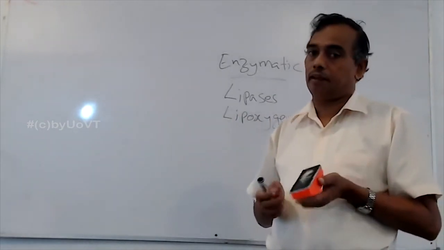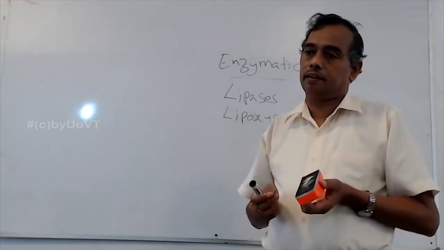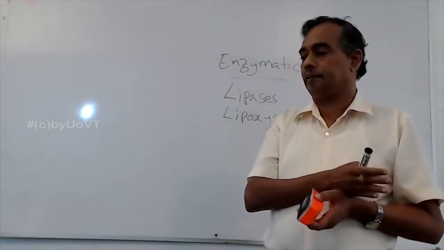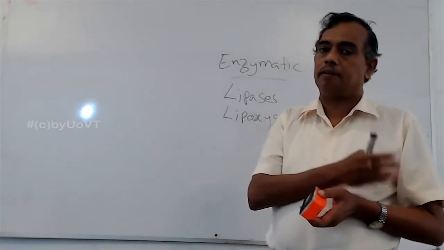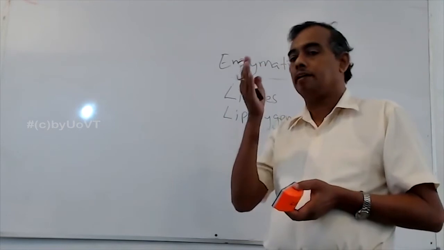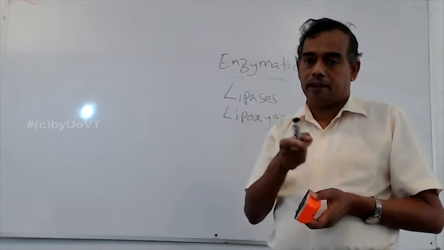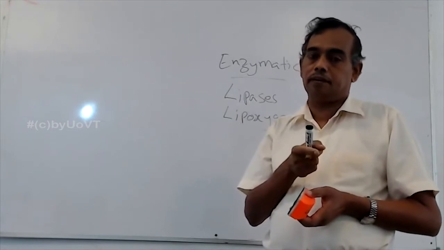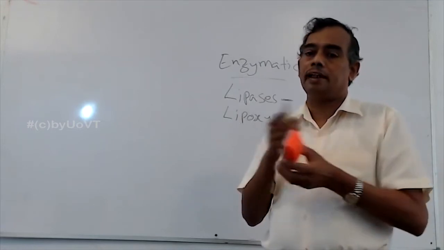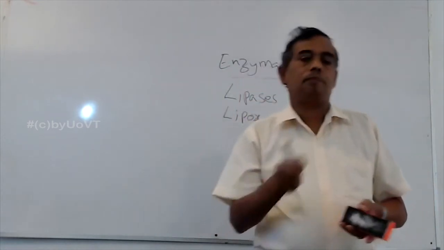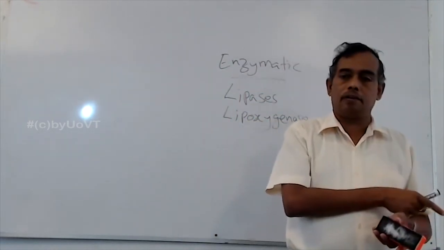Fat is an ester with two components, the acid part and the alcohol part. The alcohol part of the fat is glycerol and the acid part is the fatty acid. So when that bond is broken by the enzyme, two products are released: the fatty acid and the glycerol.